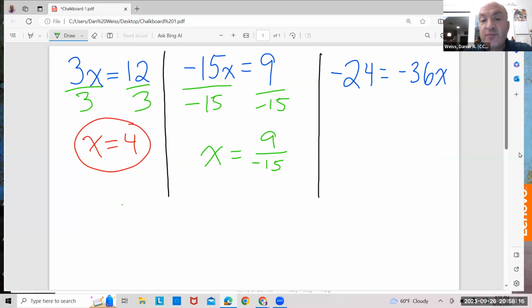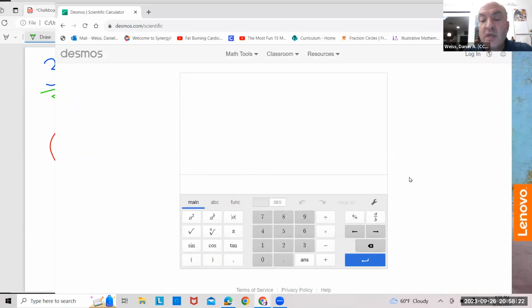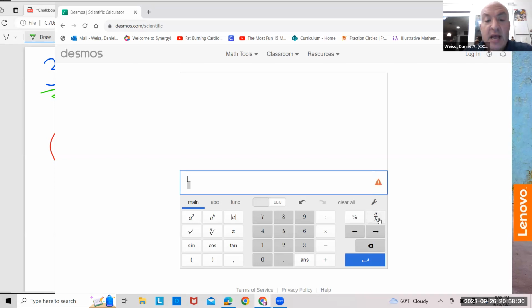Here's what you're going to do. You see this A over B button right here? I want you to click on A over B, and type 9, and then click on the bottom and go negative or minus 15. Now, over here, it says negative 0.6.